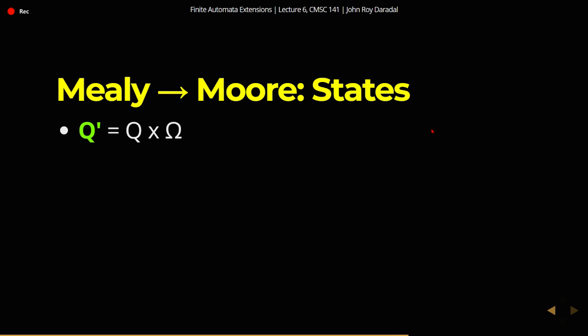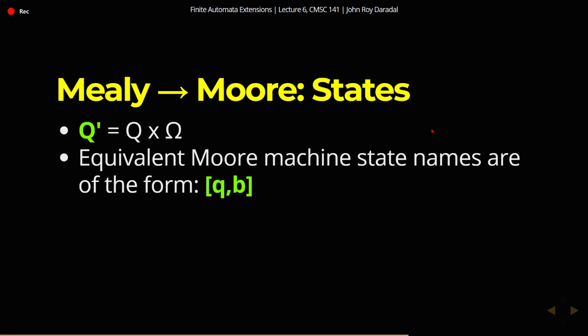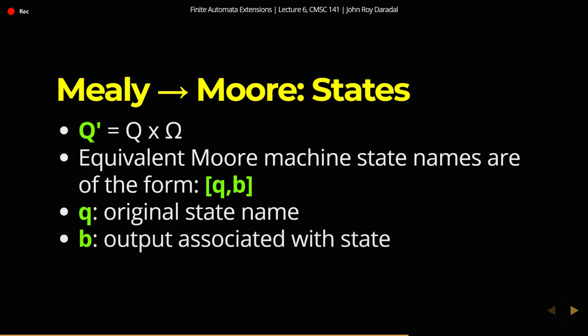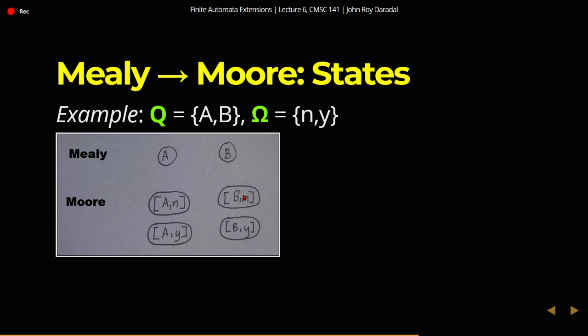Okay, so first, let's take a look at the states of the equivalent Moore machine. The equivalent Moore machine state names are of the form [q, b], enclosed in square brackets. Q is the original state name, so it's still a state from the original Mealy machine, and b is an output associated with that state. So it could be any one of the outputs from the output alphabet, omega.